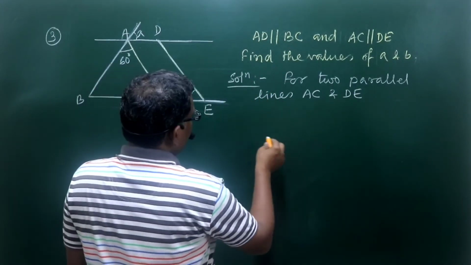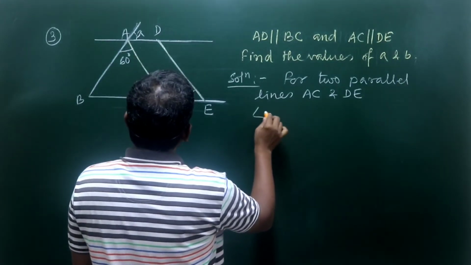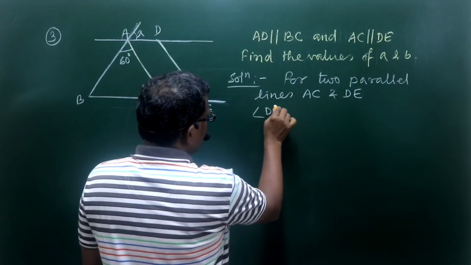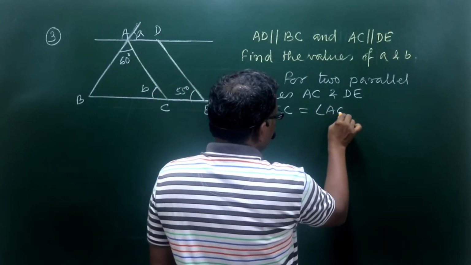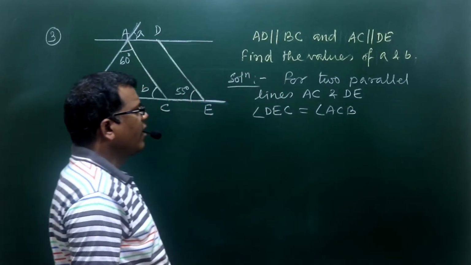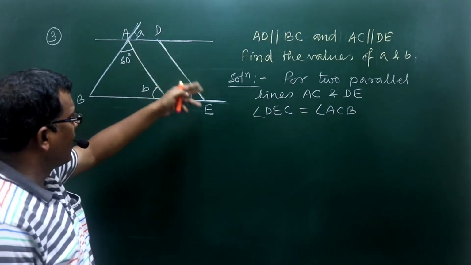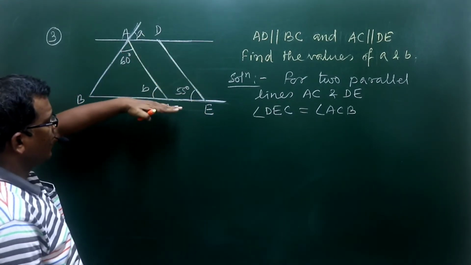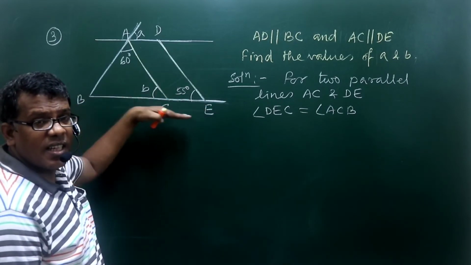We can say angle DEC must be equal to angle ACB. Check it again. As I am saying that AC and DE are two parallel lines, so with respect to these two parallel lines, this BC can be considered to be the transversal line.